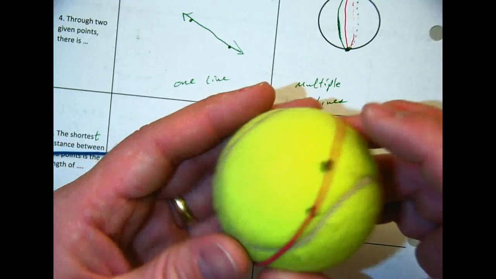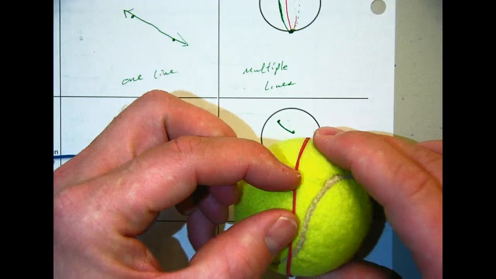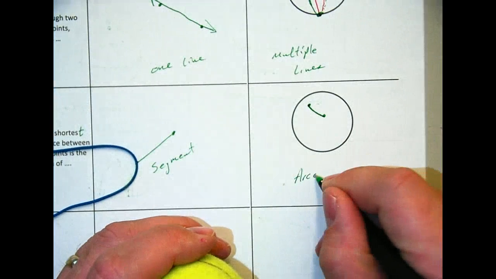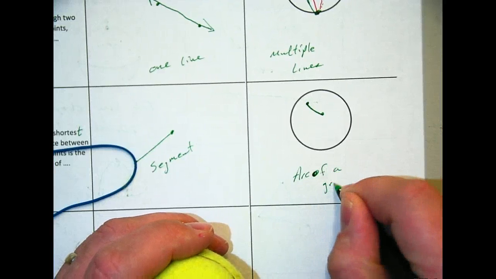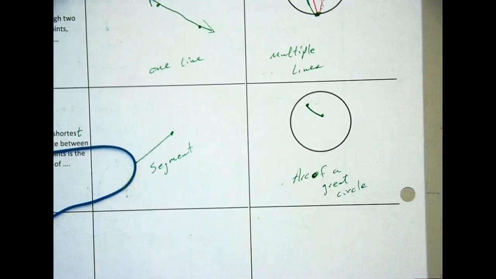You can do that at any 2 points. Sorry, the arc of a great circle. Okay. Any questions there?